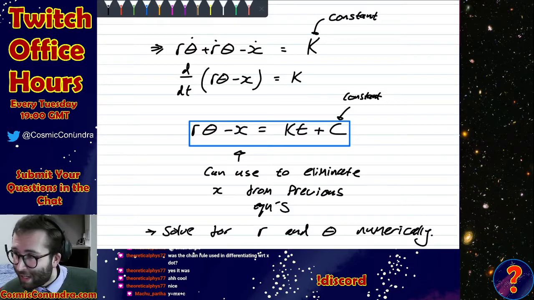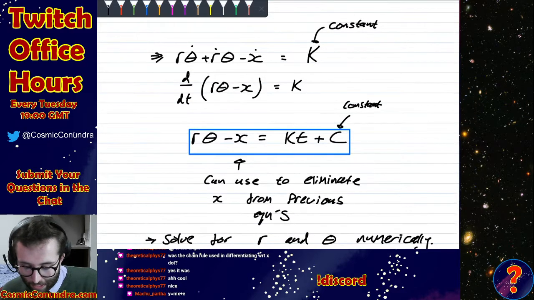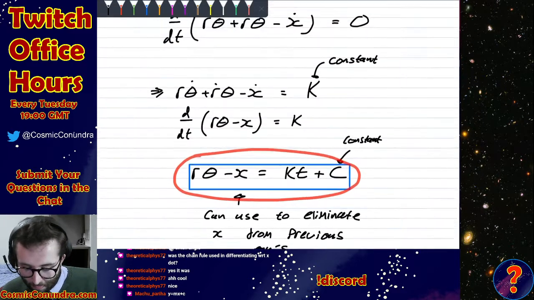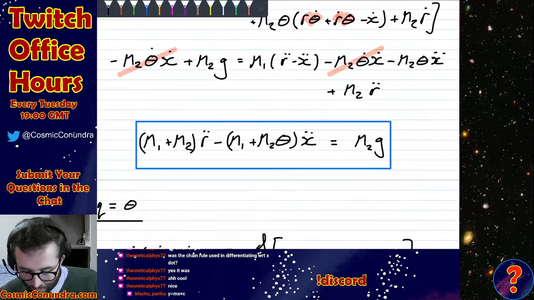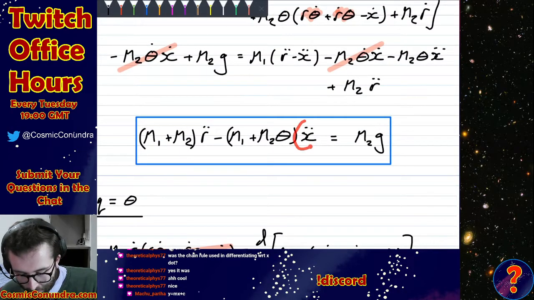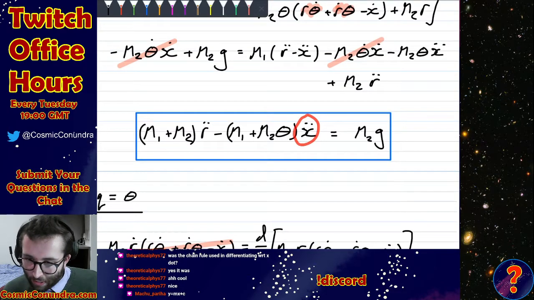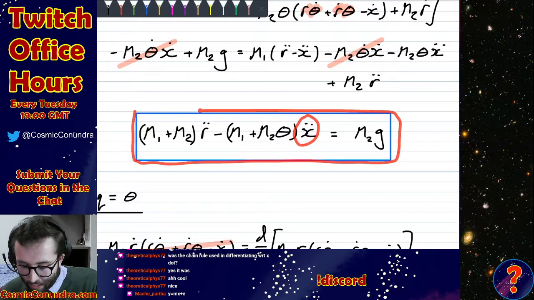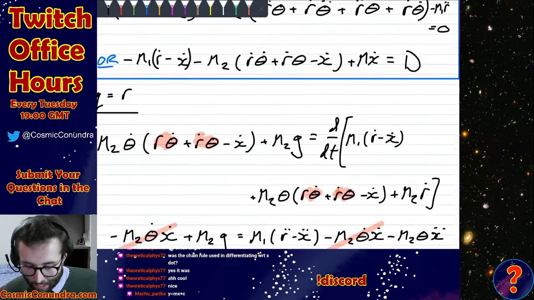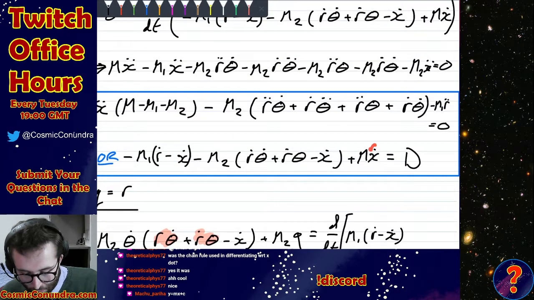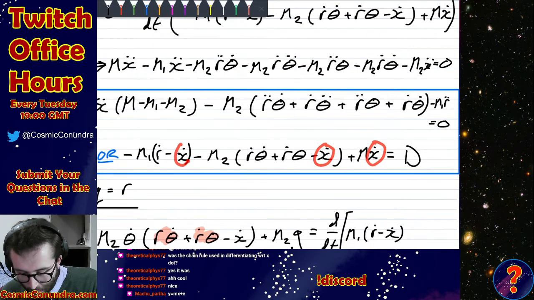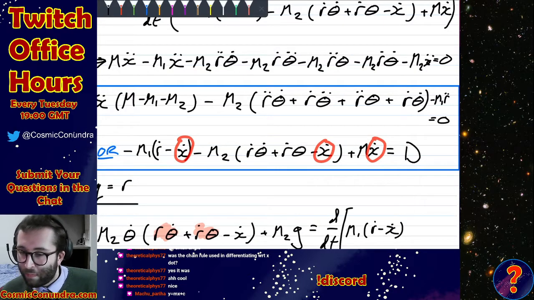But to know whether you could do it exactly would involve rearranging this equation for x, going back to this equation, finding x double dot from the previous equation for x, putting it in, having one equation involving r and theta, and their first and second derivatives here, then doing the same thing and putting your expression now for x dot, which you get from the first expression, the one that was like r theta minus x is equal to kt plus c.